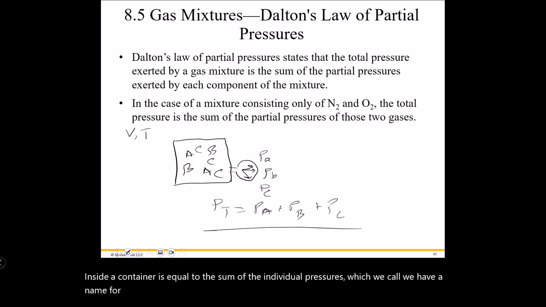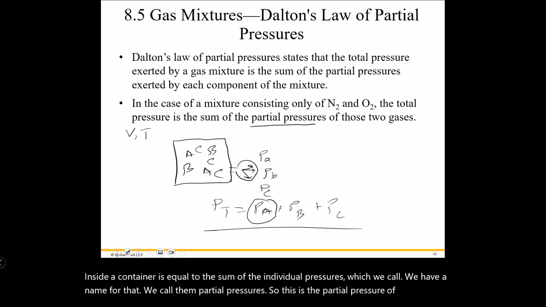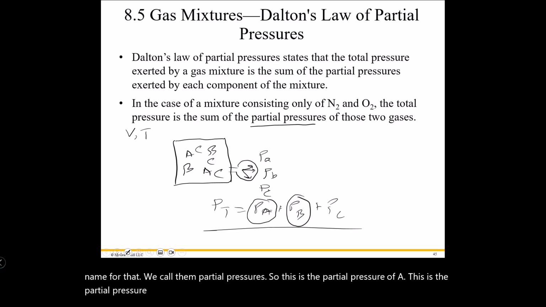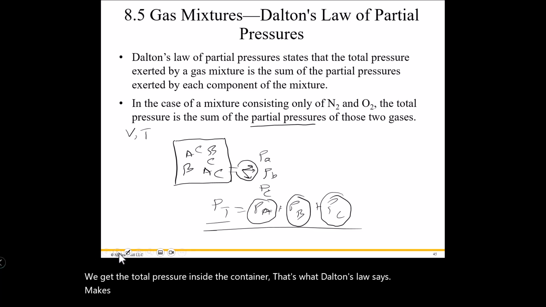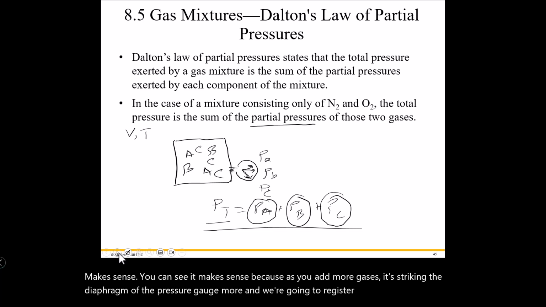We call them partial pressures. So this is the partial pressure of A, this is the partial pressure of B, this is the partial pressure of C. When we sum up the partial pressures, we get the total pressure inside the container. That's what Dalton's law says. Makes sense? You can see it makes sense because as you add more gases, it's striking the diaphragm of the pressure gauge more, and we're going to register an increase in pressure here.